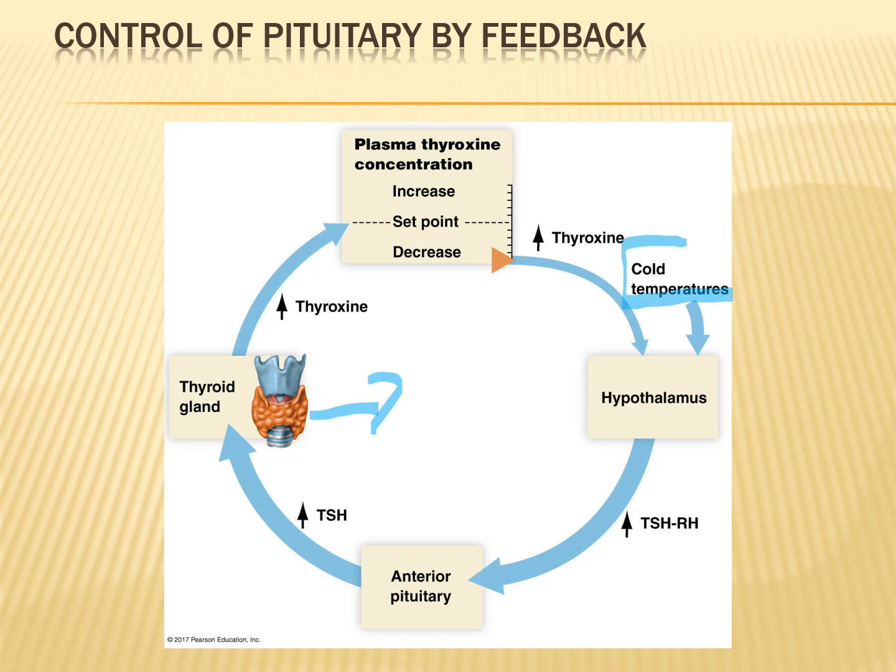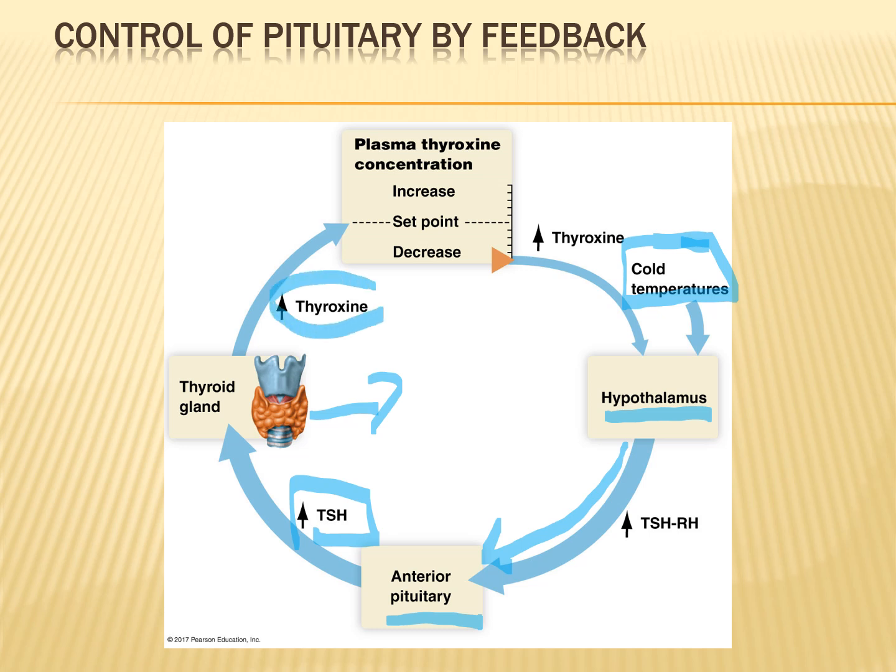So if the temperature is low and you're in cold temperatures, that's detected by the hypothalamus. The hypothalamus sends a releasing hormone to the anterior pituitary, which releases something called thyroid stimulating hormone, which goes to the thyroid gland and causes it to release thyroid hormone. Thyroxine is another name for thyroid hormone.